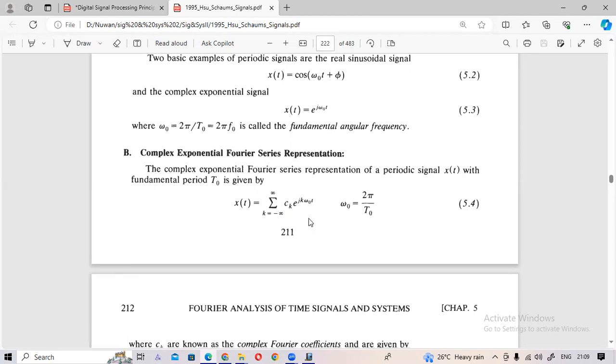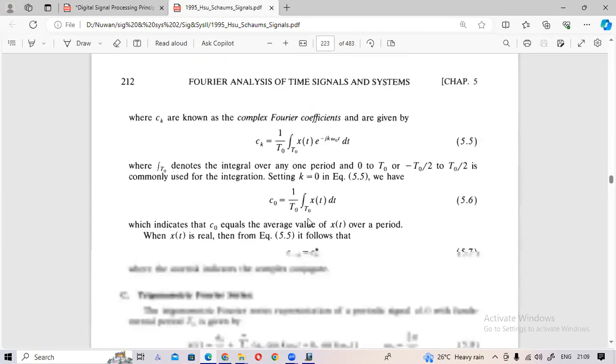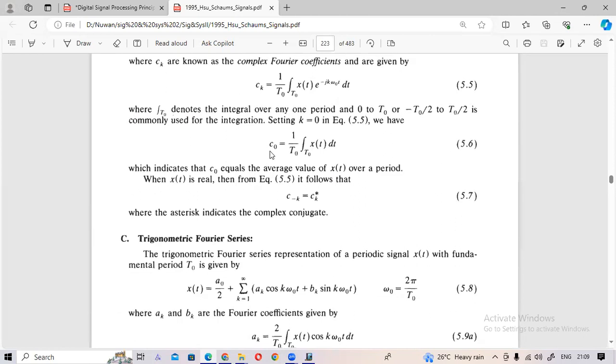At that time, there is no frequency component. If the frequency is 0, that will be the DC component. So here, C naught is the Fourier coefficient for the DC component, where there is no frequency.